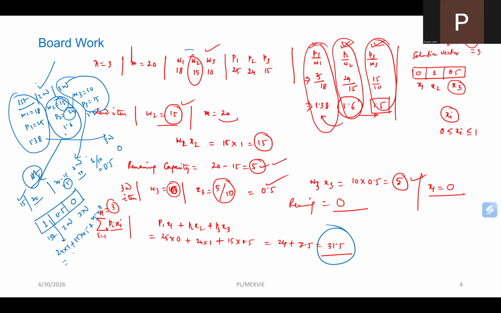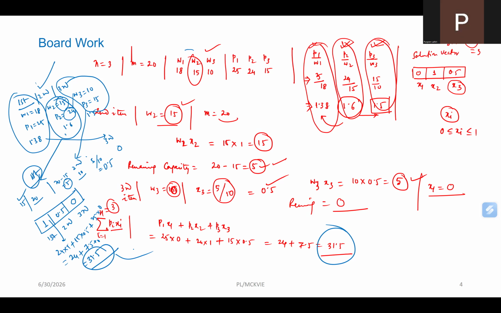So that is 24, plus 15 into 0.5, that is 7.5, plus 0. So again 31.5 comes as a result. This type of arrangement needs to be kept in mind once you are going to implement this algorithm in your lab. Now we are moving to the algorithm.